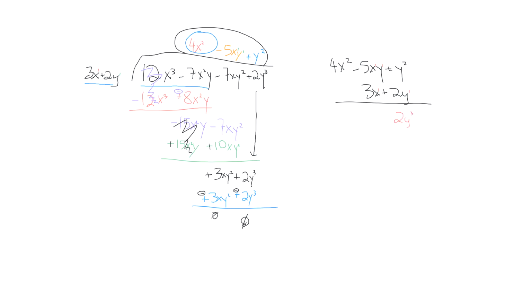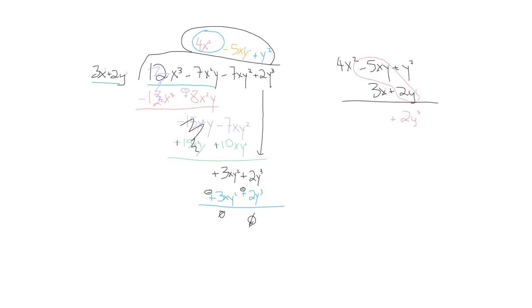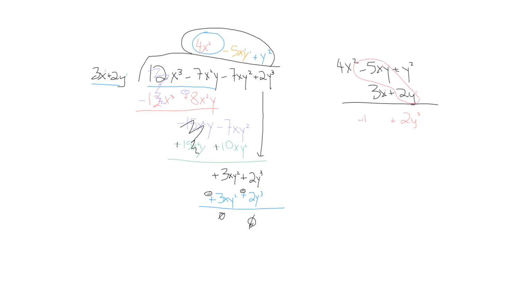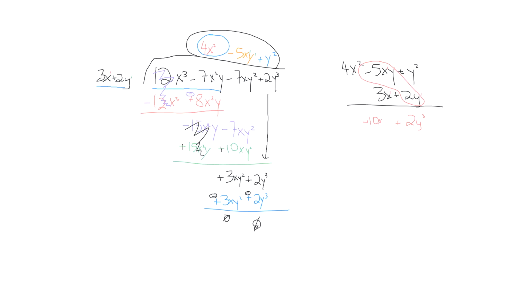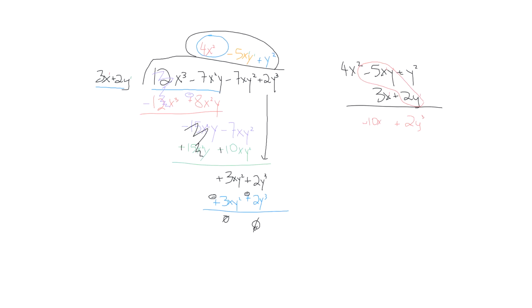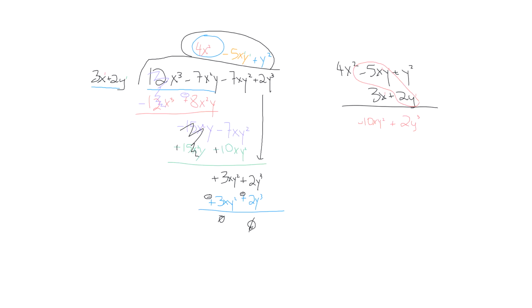A plus. 2y times minus 5xy gives me minus 10x and then y squared. And then 2y times 4x squared.